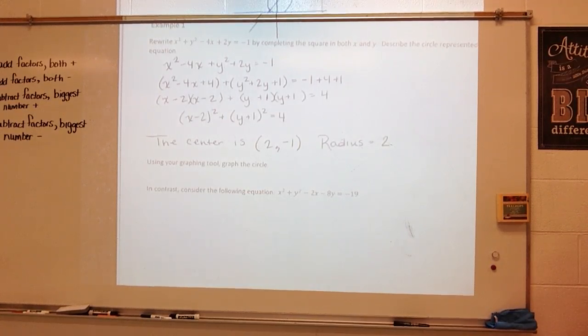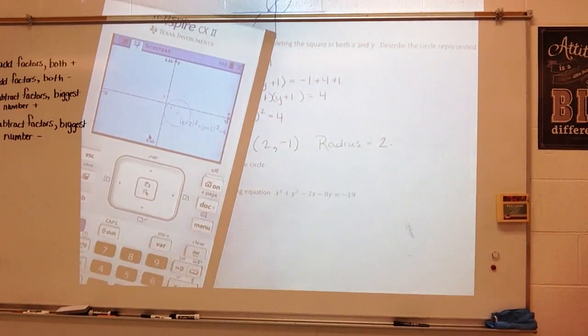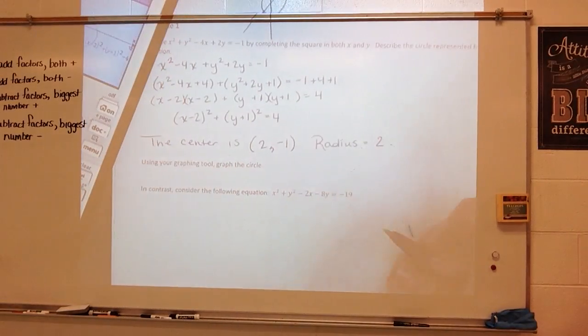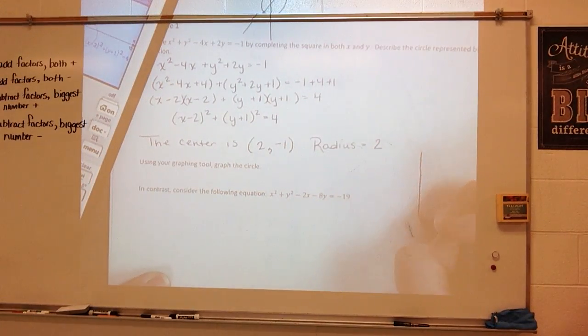So I have x minus 2 squared plus y plus 1 squared is equal to 4. Here's my circle. Alright. It's a little hard to see, but we can go ahead and graph it. Just out to the side. Once again, it doesn't have to be perfect, but you can see it looks like this.